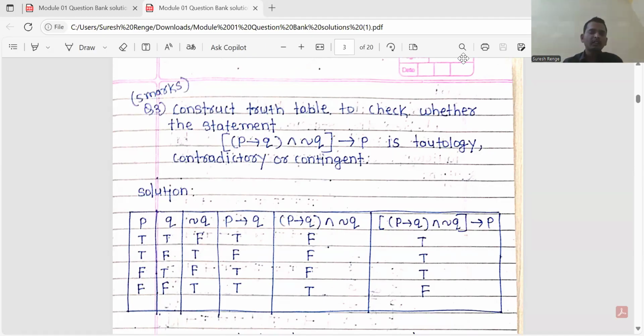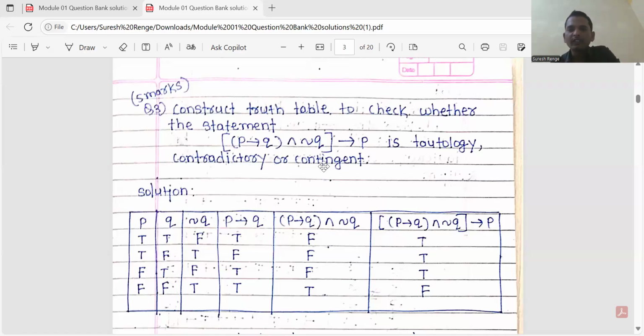We will discuss in this lecture two or three questions which depend upon module number one, and the topic is logic. The third question is: construct the truth table to check whether the statement is a tautology, contradiction, or contingent.